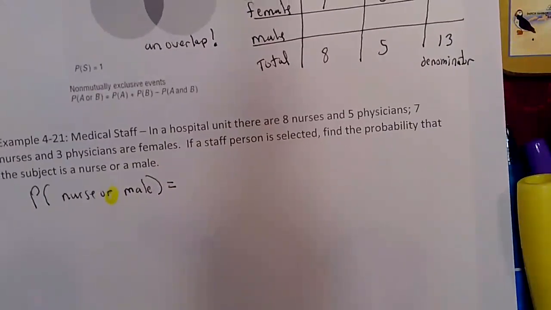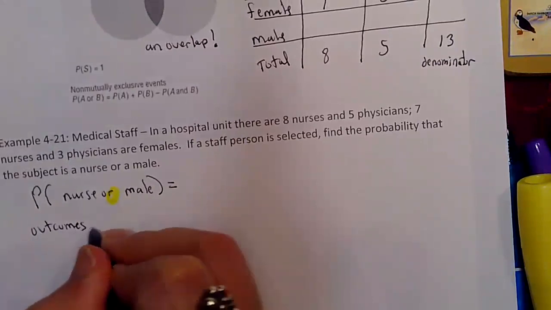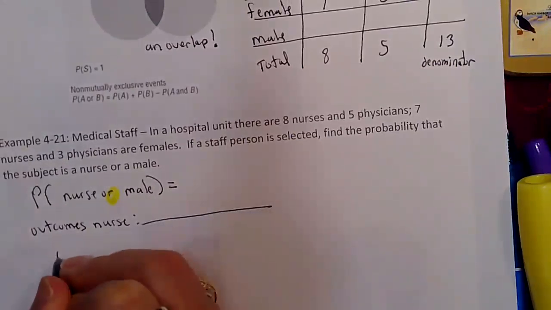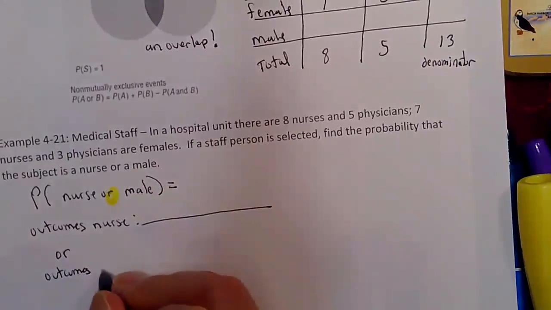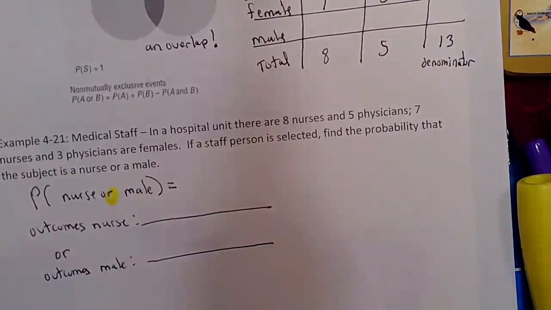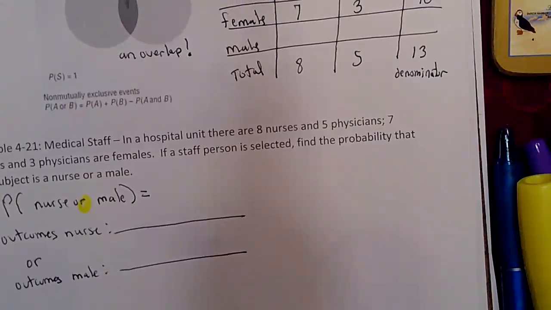And so I would have my outcomes for the nurse. This is an or. Then I would have the outcomes for the male. Okay.